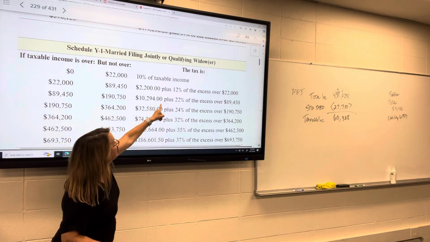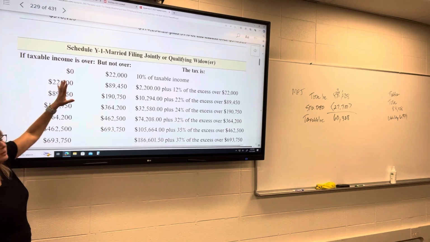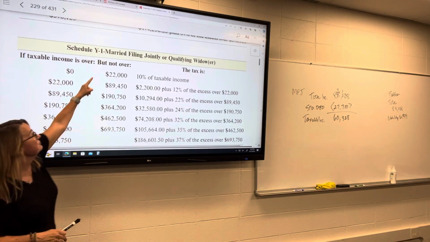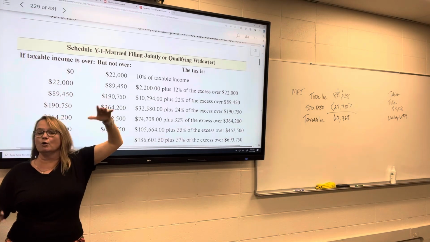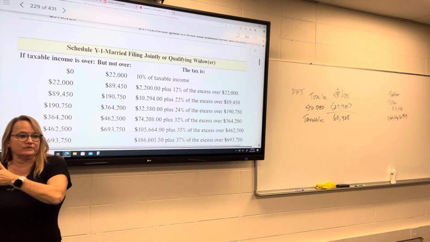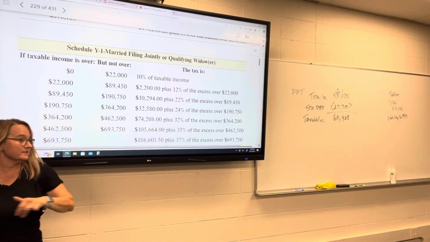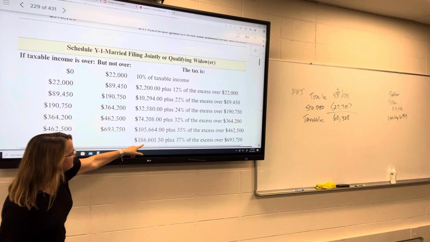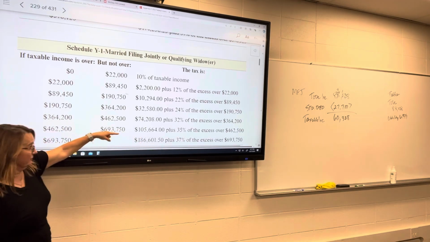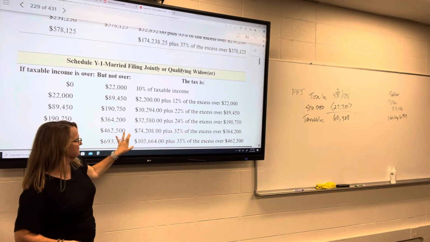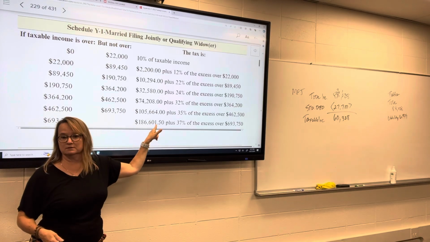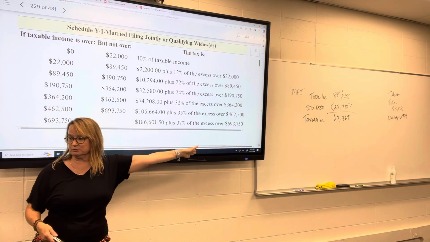The 10,924 already does the calculation for you for the first two brackets. All we're doing is adding on top the additional amount. So down here, 186,601.50, that's to fill up all of those brackets, and then any amount over that is 37%.